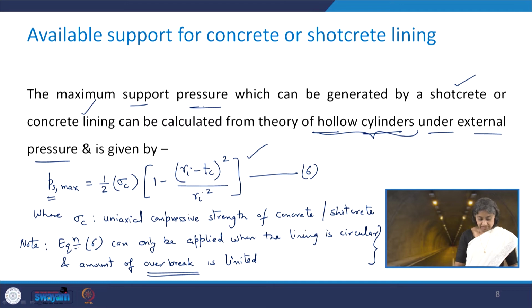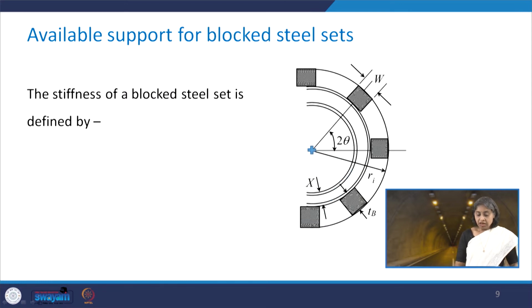Now coming to the available support for the blocked steel sets. So why do we call it a blocked steel set? You see that this is the tunnel periphery, and you provide these steel sets having this kind of cross section, maybe the I section. Then what is the need of providing this block?